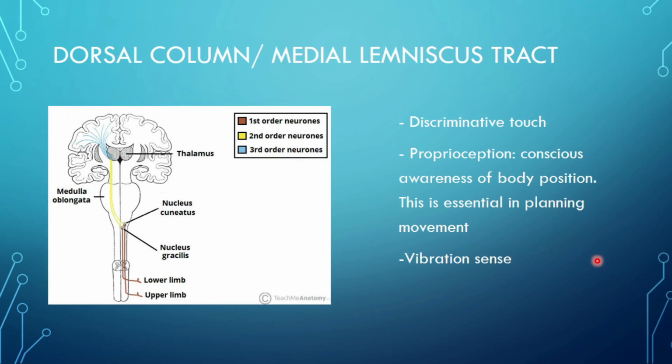Okay, so the first sensory pathway I'm going to mention is the dorsal column medial lemniscus tract. The function of this tract, or the sensations carried within this tract that you then become aware of, are things like discriminative touch.